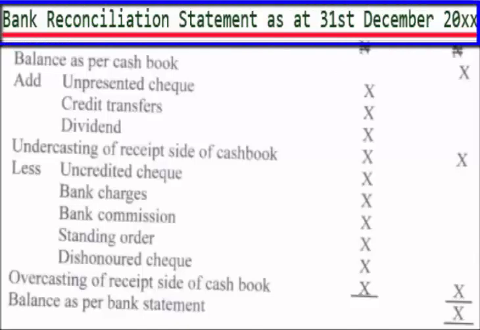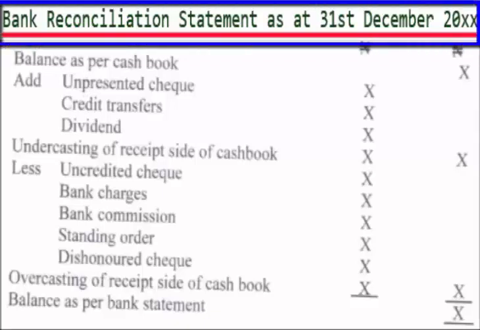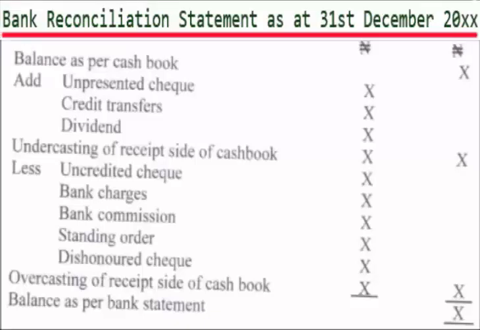Since you are addressing it to someone, it's only normal for you to title the account you have prepared. This is the standard acceptable format or title: Bank Reconciliation Statement as at 31st December 20XX.